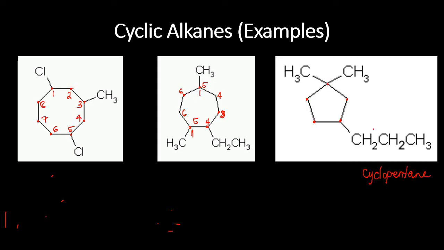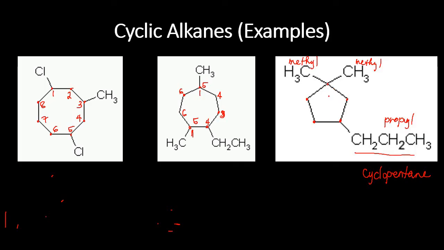Okay, so this one is propyl kasi tatlo siya. Tatlong carbon. Propyl. This one is methyl. This one is another methyl. Now, kung ganito ang structure, yung numbering natin ay magsisimula doon sa carbon na may mas madaming substituents.